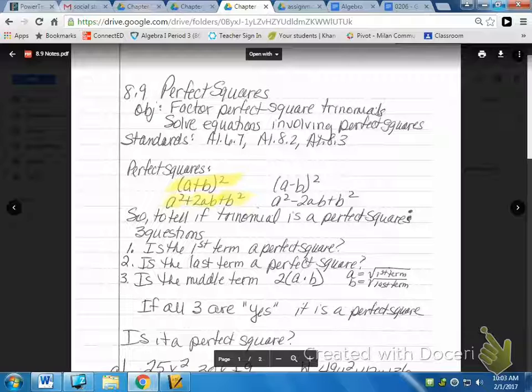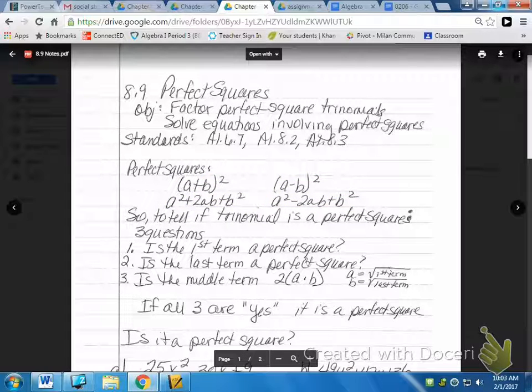That was going to be a shortcut that I showed you. And the same thing was true if it was (a minus b) squared. You squared the first term, you multiplied the two and doubled it, and then squared the last term. So basically that was the shortcut. But I also advised you, if you couldn't remember that, then just remember it's those binomials times themselves and FOIL. Okay, and that is still true. I still believe that that's what you should do.